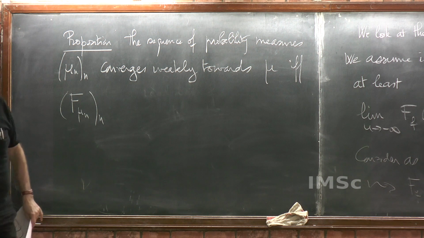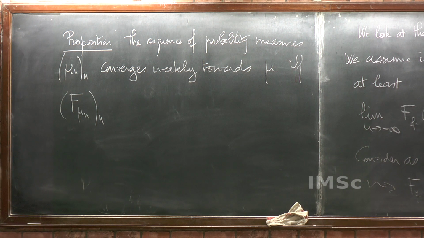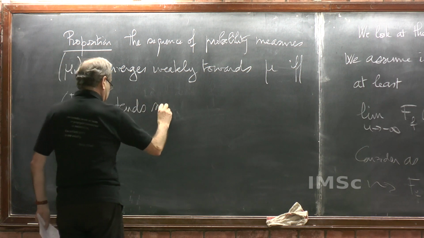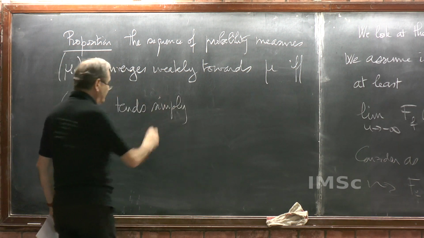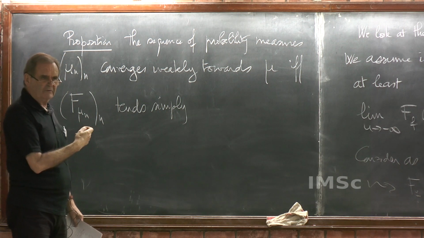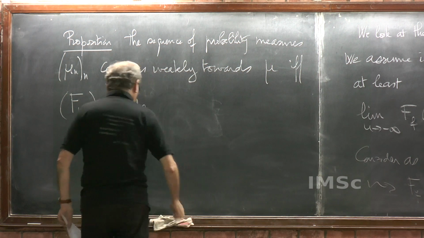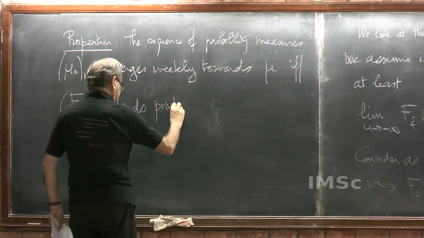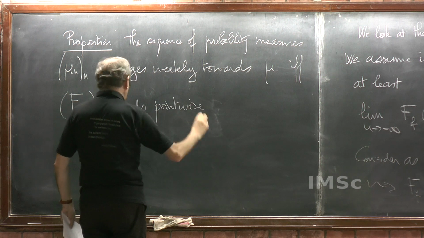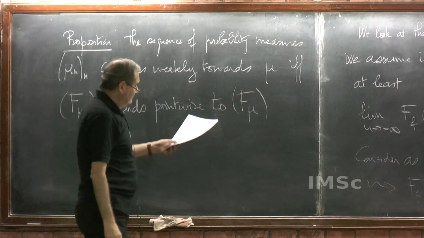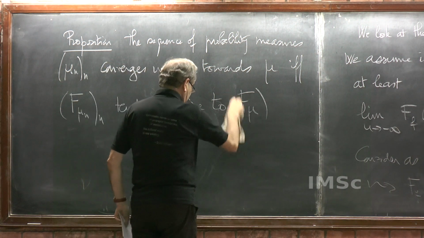This is the distribution function associated with mu n. Okay? If this tends pointwise, do you say simply or do you say pointwise? Pointwise better. To F mu, and you know that this is not good, it's not a sequence, it's just F mu.